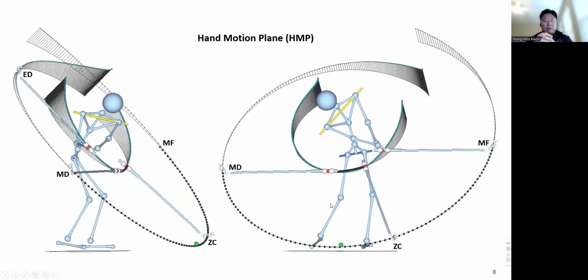Okay, then let's take a look at this slightly different angle here. So this time I'm basically bringing up this concept of the hand motion plane. So this is the plane formed by the hand motion. So again, in this one here, this is the mid downswing and this mid follow. So these dots basically show the club trajectory used in the calculation of the functional swing plane.